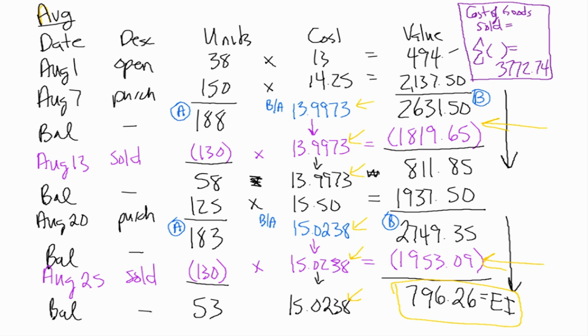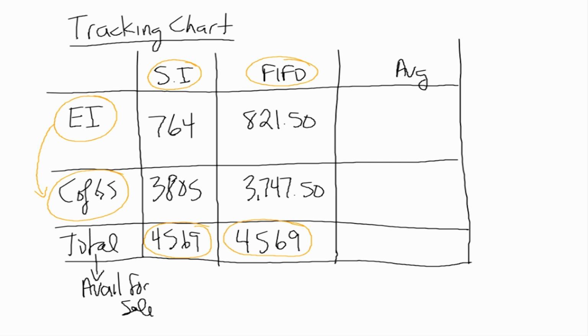alternative method, and again, don't forget I'm going to post the recording so that you can check it out. I'm going to put it on our tracking chart. The average: we said the ending inventory was 796.26, and the cost of goods sold was 3772.74.